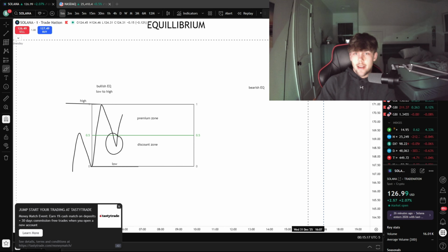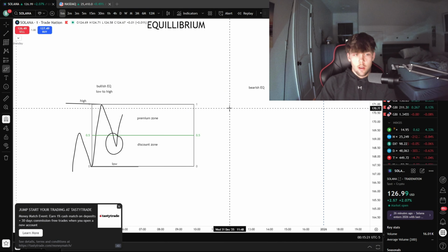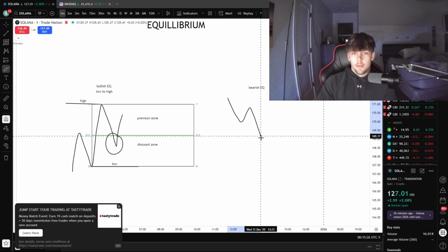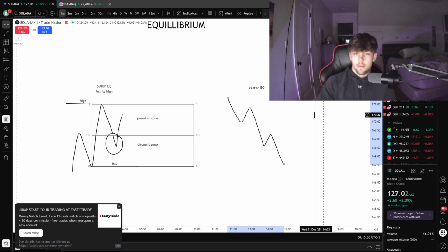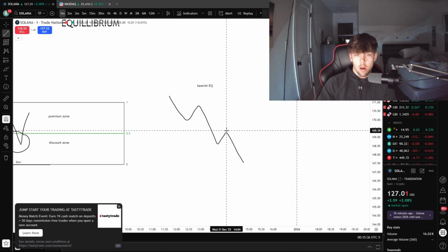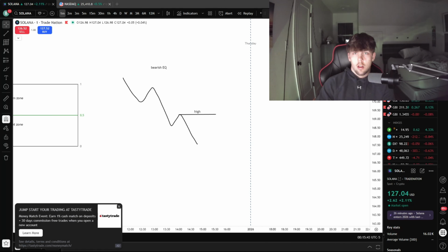Now, basically the same thing but reversed for bearish equilibrium. So bearish equilibrium, say we're in a downtrend. Let's go ahead and mark out, here's your most recent high, and here is your most recent low.